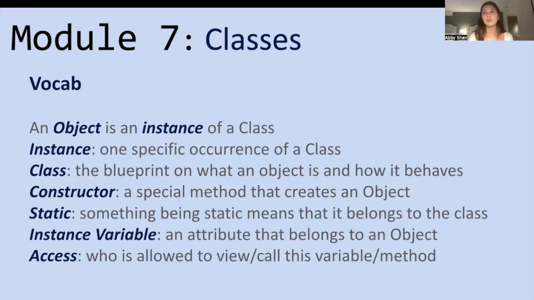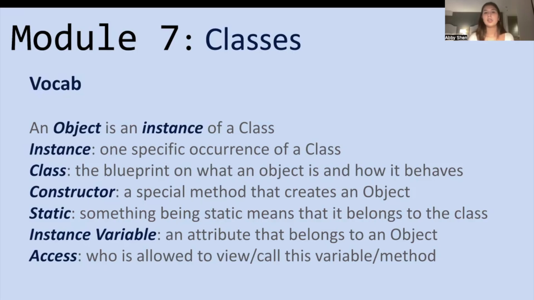So the vocab that we would use to describe object-oriented programming: classes and objects. An object is an instance of a class. An instance is one specific occurrence of that class. The class is the blueprint, like I mentioned, of what an object is and how it behaves.